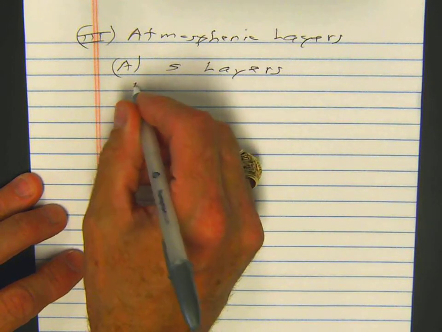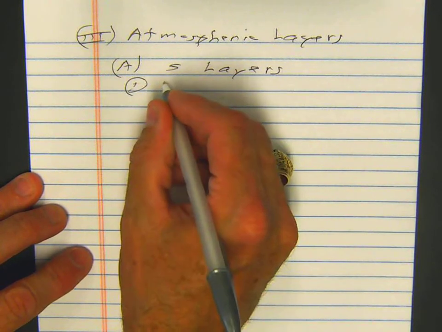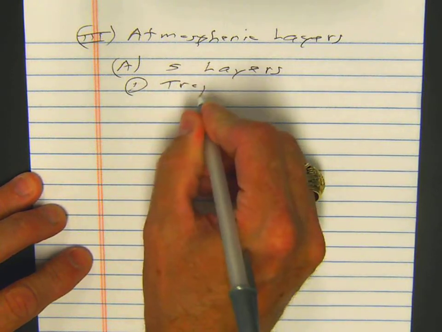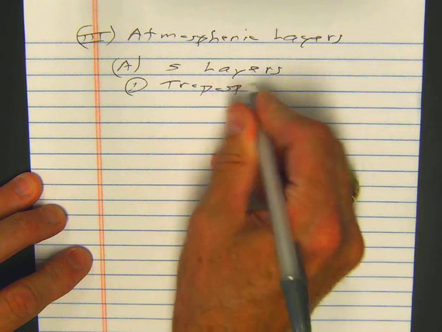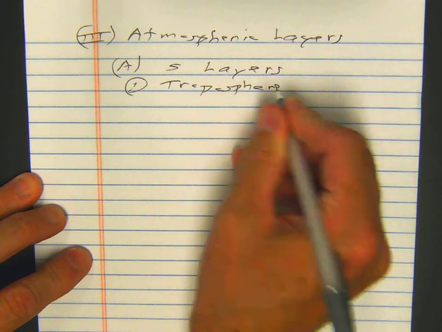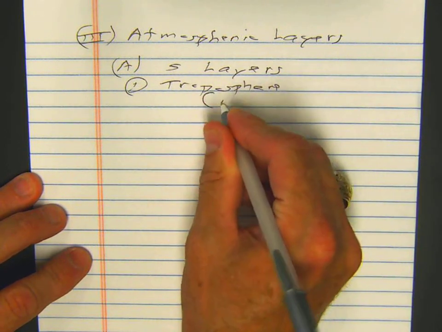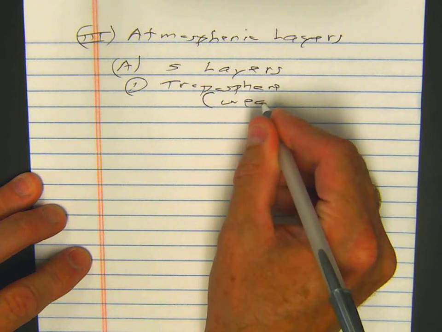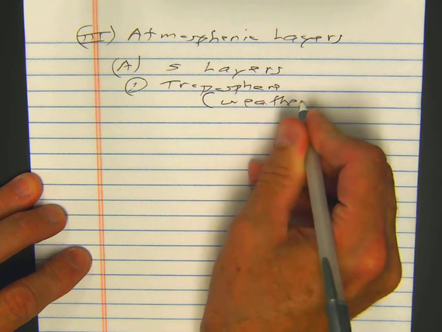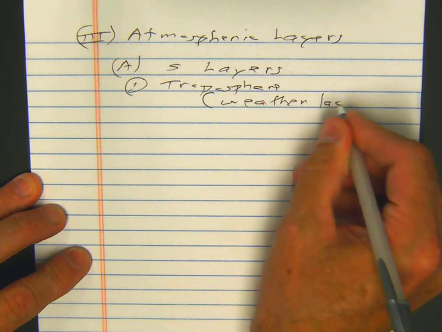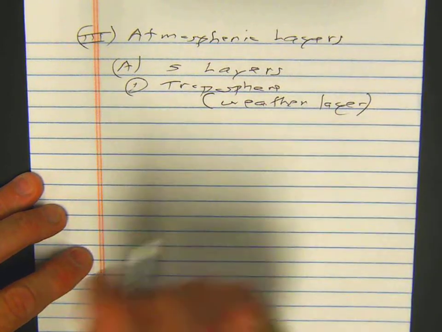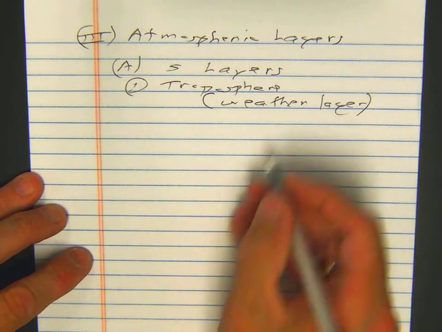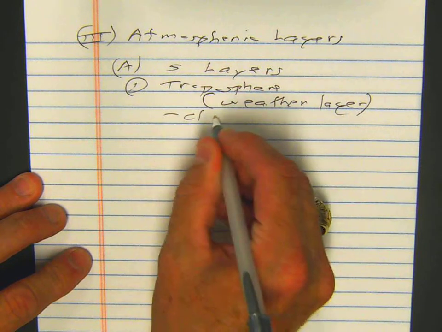The one closest to the Earth is called the troposphere. This is sometimes called the weather layer because this is where the weather takes place. It is closest to the Earth. Make a note of that.